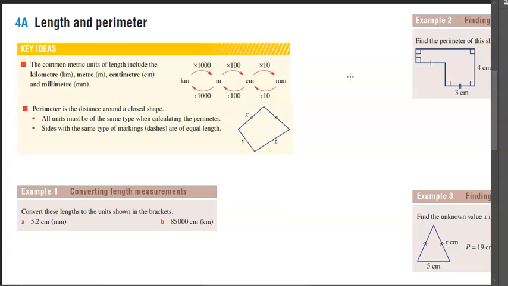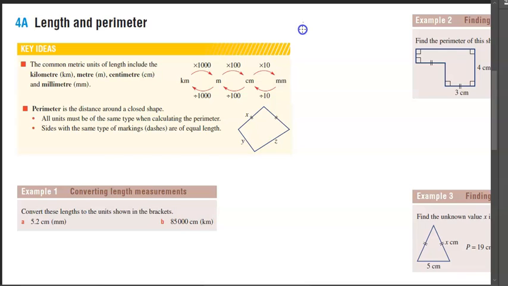The common metric units of length include kms, m's, cms, and mm's. Kilometers, meters, centimeters, and millimeters. We use this little chart here, this conversion chart, to convert from one unit to the other. This is because we need to remember that when we start off with set units, we start with millimeters.